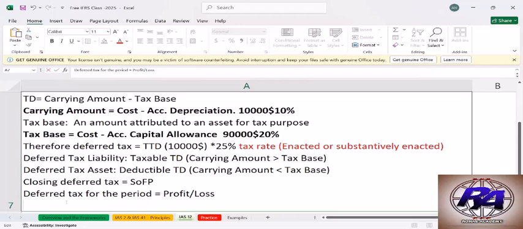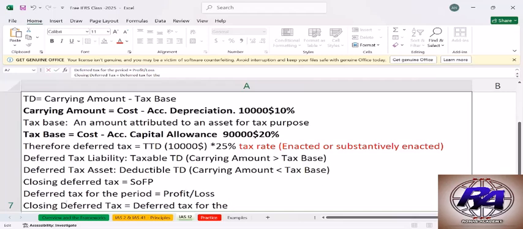To get the closing deferred tax, is going to be your deferred tax for the period, which goes to the statement of profit or loss.